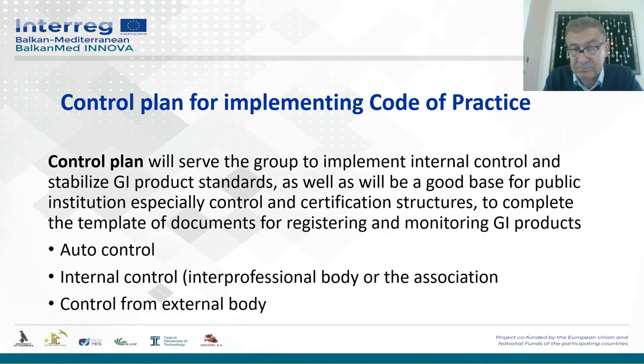And the control from the external body is also based on a control plan, and the external body may control how the GI is managed by the interprofessional body or the association, making some controls with samples. So these 3 levels of controls guarantee clients and customers the quality of the product and the origin of the product, so that they are buying what is described in the code of practice.